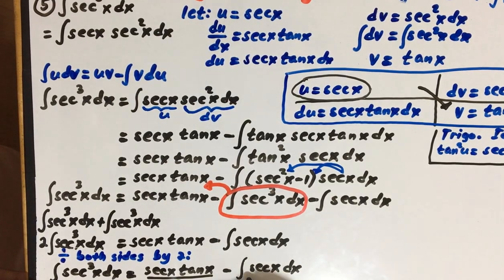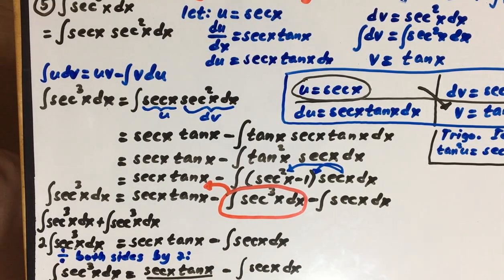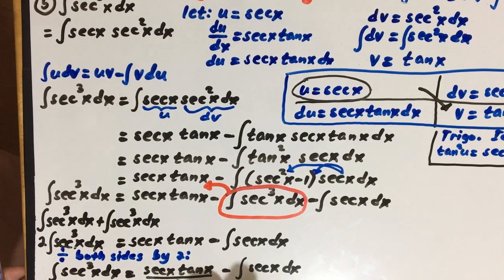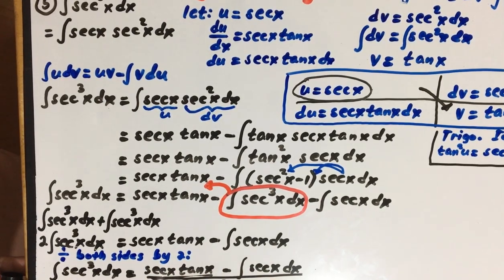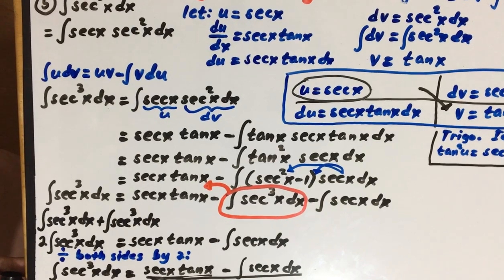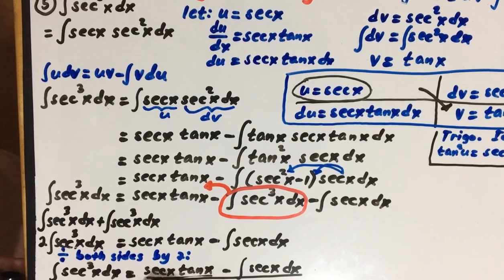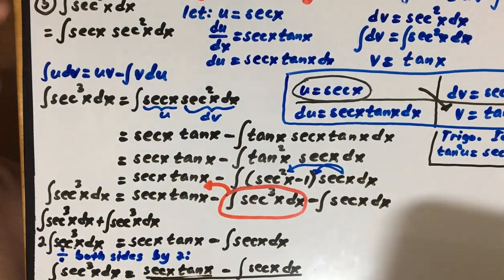Or you can just divide all of the terms on the right side by 2, so that you can put the 2 on the leftmost. I'll continue it here on the other.